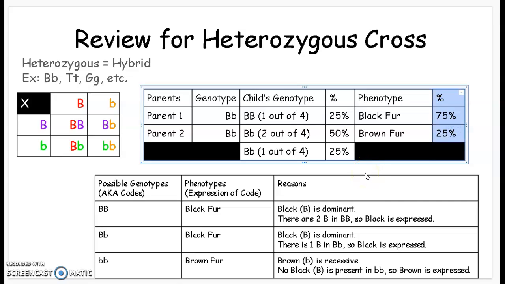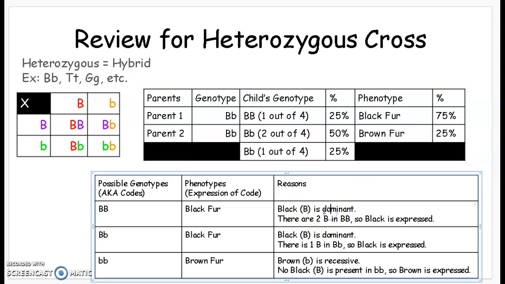Now, some of you do not seem to understand what dominant and recessive means, the role that it plays in phenotype. Phenotype means the expression of the code, of the genotype.